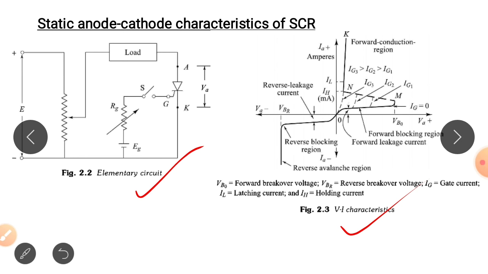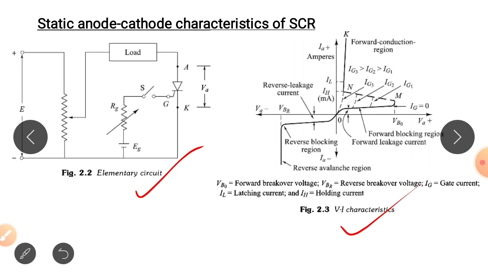When we put the SCR in the power circuit, then that circuit operates for a particular task. It's like a rectifier circuit, inverter circuit, any conversion circuits, etc. So first we use these devices in the power circuit.